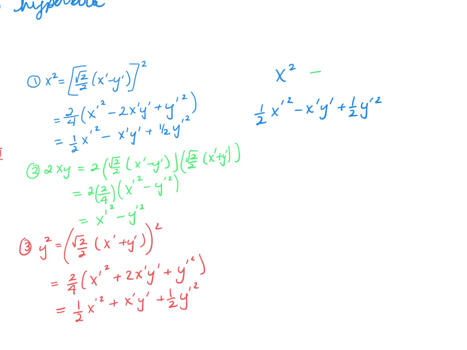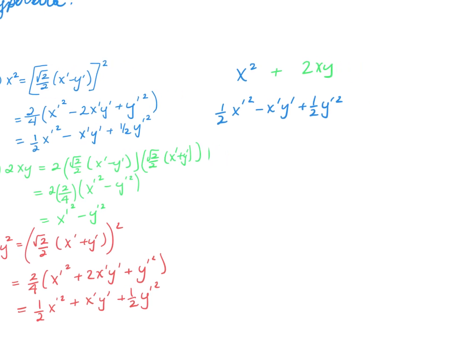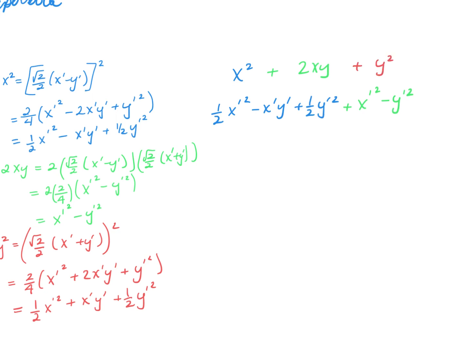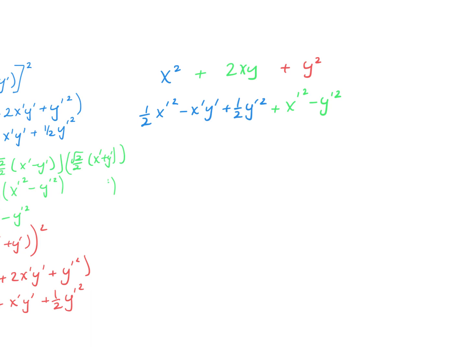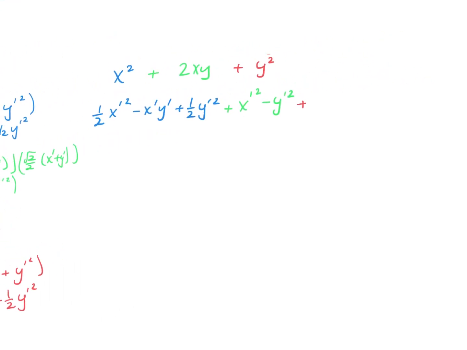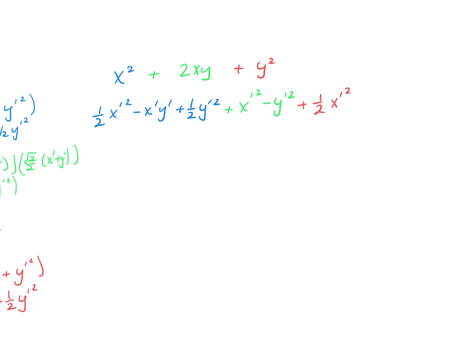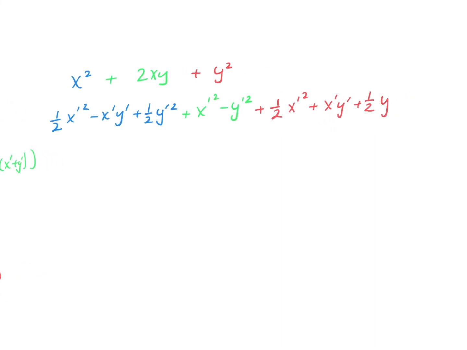So that 2xy gets replaced with plus x prime squared minus y prime squared. And then I had plus the y squared. That y squared gets replaced with 1/2 x prime squared plus x prime y prime plus 1/2 y prime squared.